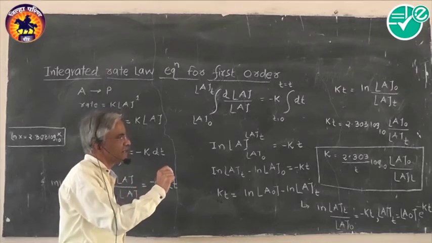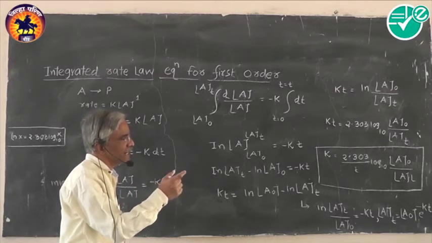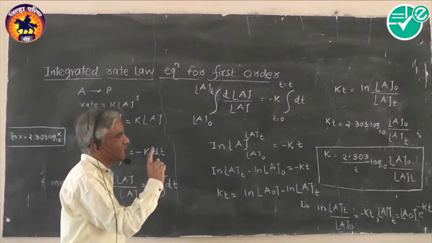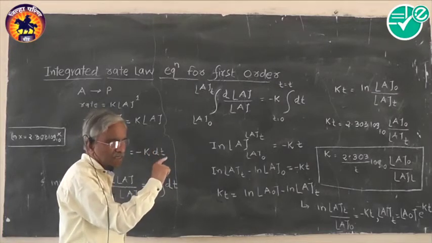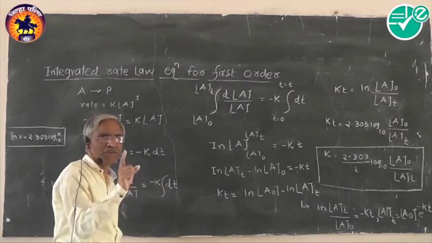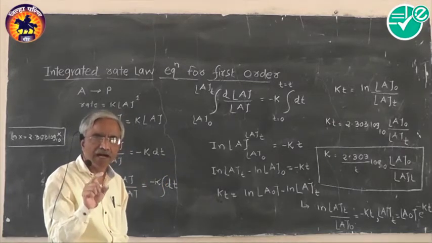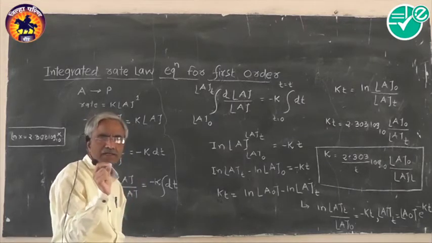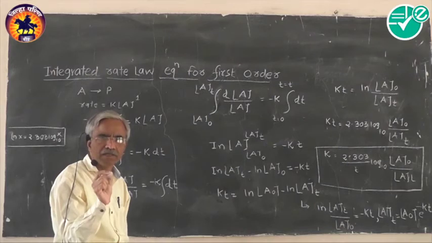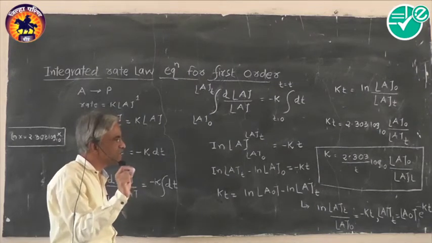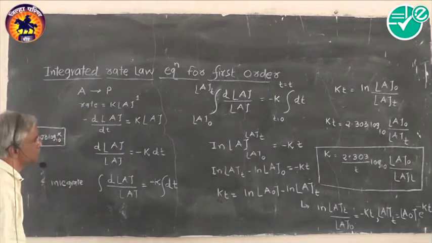If we have data of concentration At at different times t, and these two values are known, then putting these values, if you get the rate constant k always the same, that will prove that the given reaction which has been practically performed is a first order reaction.